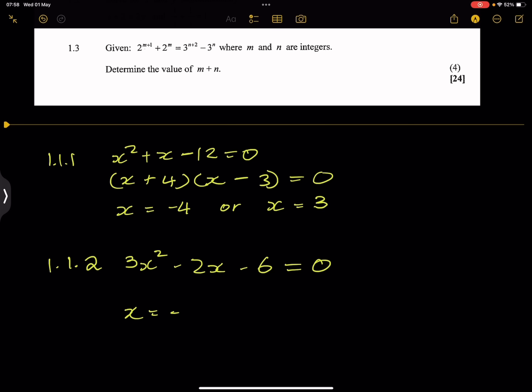So x is equal to minus b plus minus the square root of b squared minus 4ac, divided by 2a.